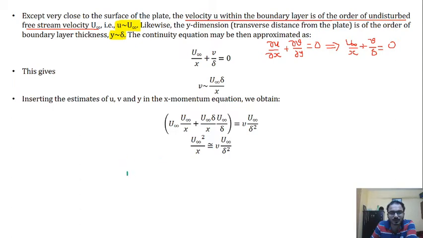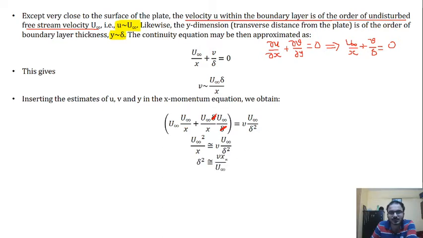So here if you see, delta will get cancelled out. So here it will be u infinity square upon x, and here already it is u infinity square upon x is equal to nu u infinity upon delta.